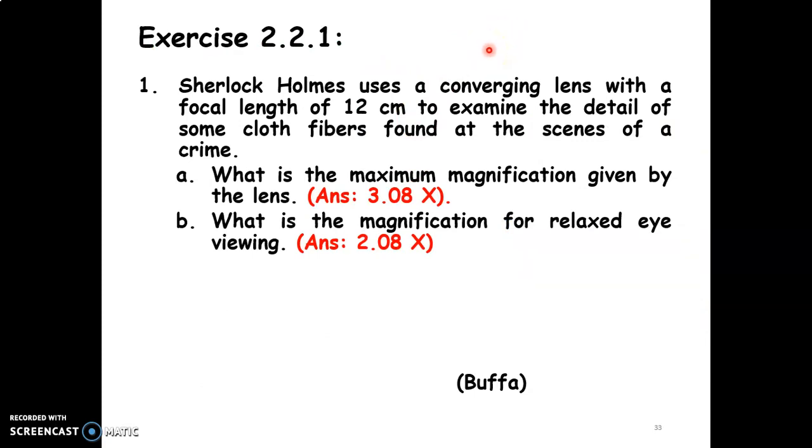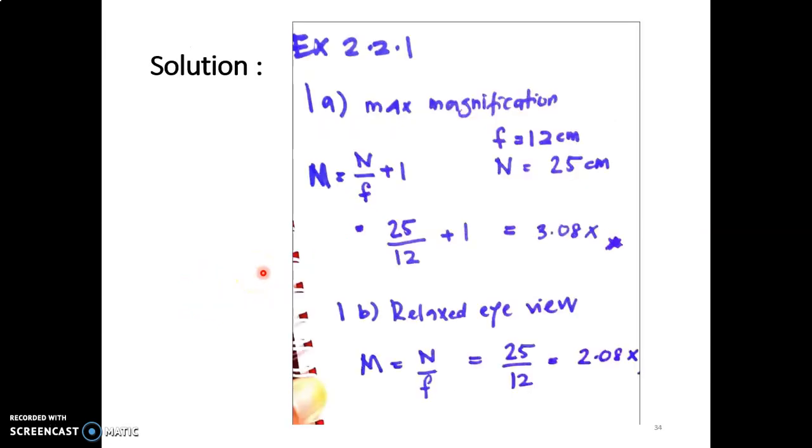Exercise 1a: what is the maximum magnification given by the lens, and what is the magnification for relaxed eye viewing? From this question, I know that the focal length of the lens is equal to 12 cm, and the near point value is equal to 25 cm.